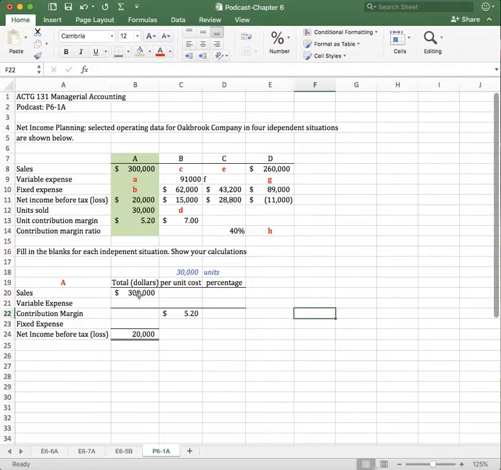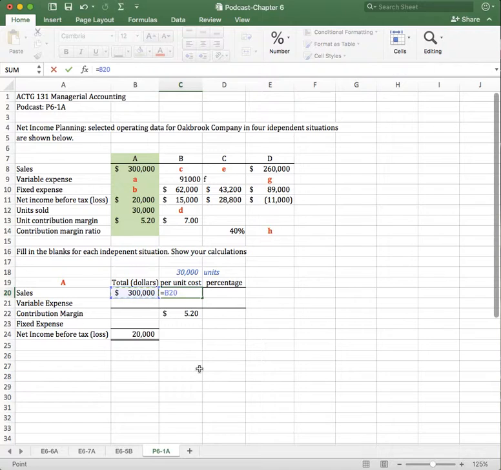Well, you'll notice, first of all, I put in this little chart. So we're able to solve for all these pieces using other pieces as help. So first and foremost, let's try to solve how much per unit is the selling price.